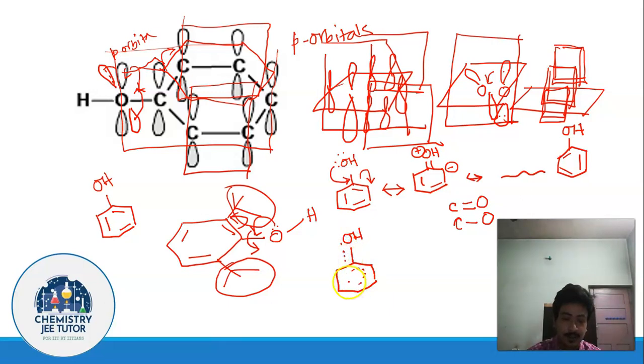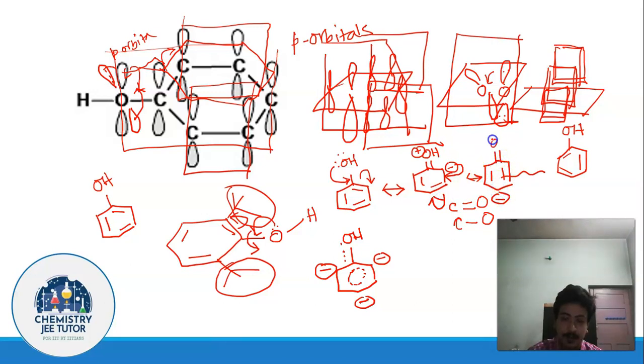It is going to look somewhat like this, and what you are going to show is this negative, and this negative, because the negative charges, as you can see from the resonating structures, are only going to come at the ortho and the para positions. You can see the next resonating structure is going to look somewhat like this, and you are going to draw it like this.